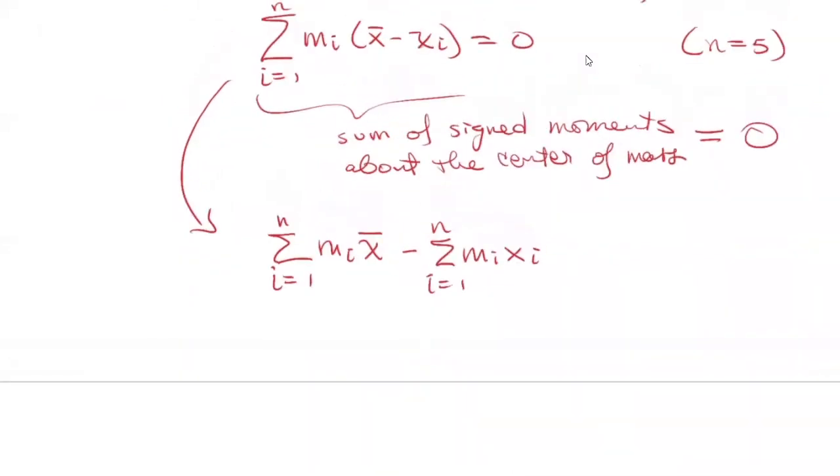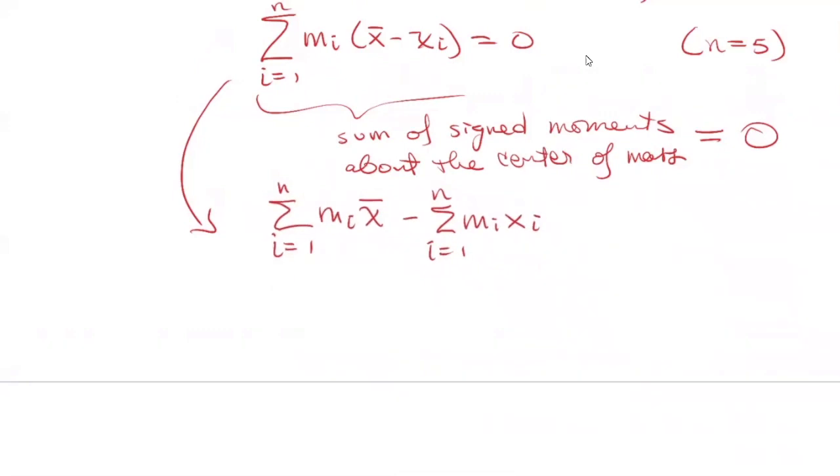The x bar factors out of the first sum. So if you factor x bar out, you have x bar times the sum of the masses mi, where i goes from 1 to n. So that's the total mass of the system right there. And this is equal to the sum of mi times xi.